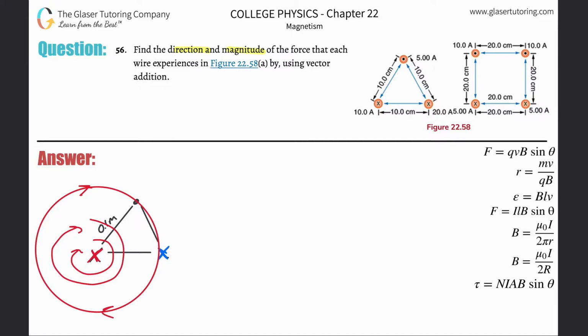So I'm going to draw a line tangent to that point, because at this exact point right here, the magnetic field is pointing in this direction. Doesn't that make sense? Let me angle that a little better, maybe some angle like that. So what I just drew here now represents the magnetic field that is being produced on this current by the red current.